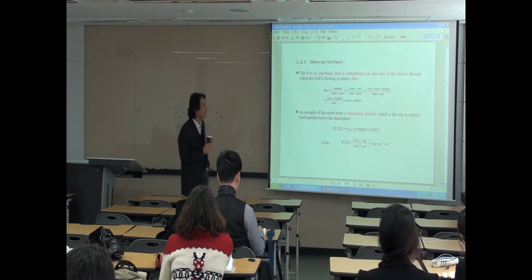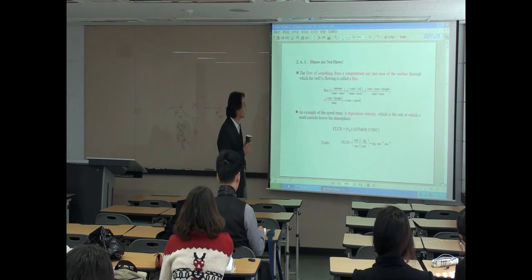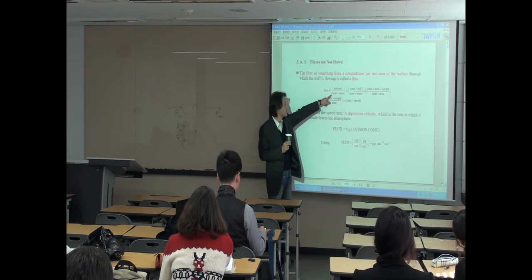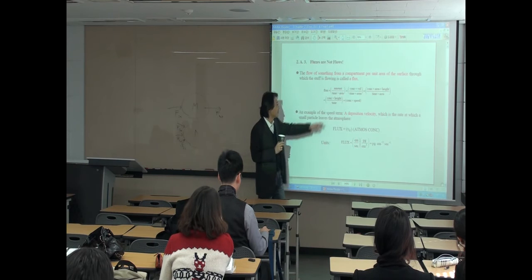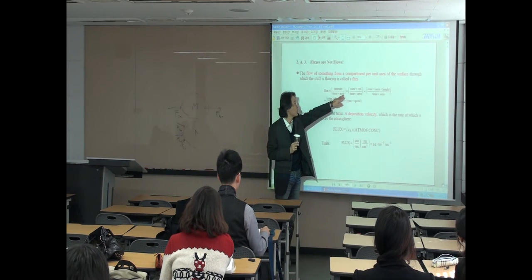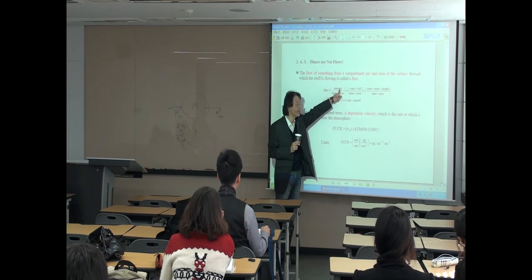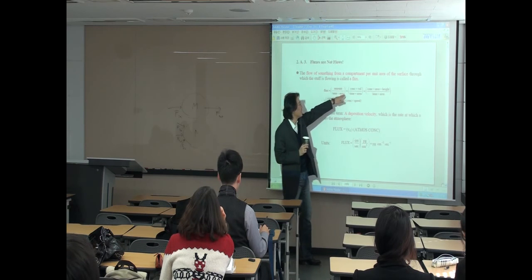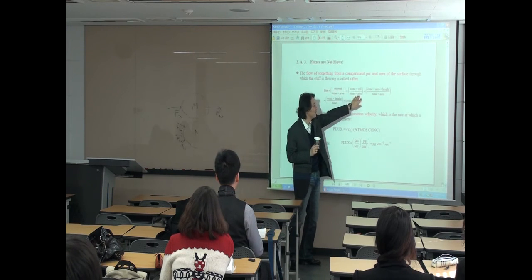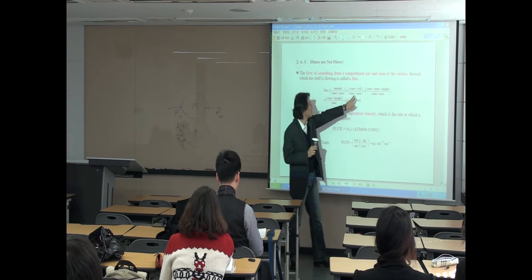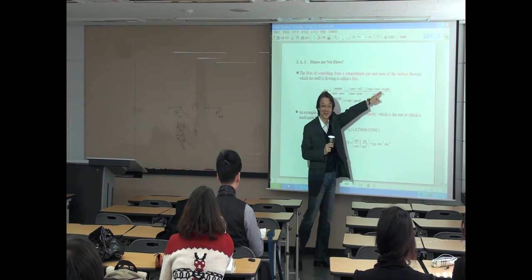Anyway, flux is a rate, equals amount of stuff divided by time divided by area. So the amount of stuff can be explained by concentration times volume, right? And the volume is area times height, right?